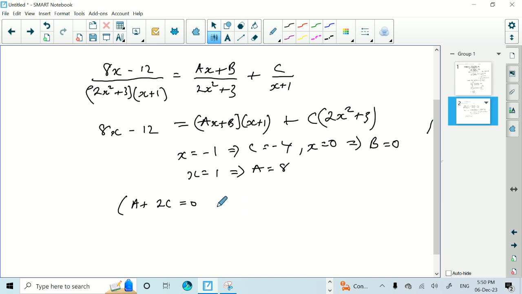Then you'll get your values for a, b, and c, which will be the same values that we attained before. So a will be equal to 8, b will be equal to 0, and c will be equal to -4.